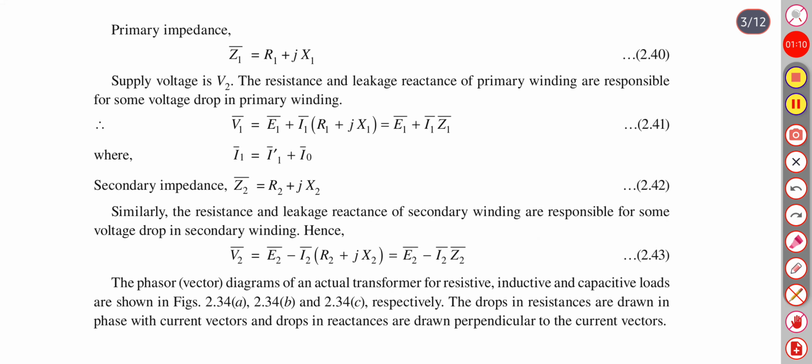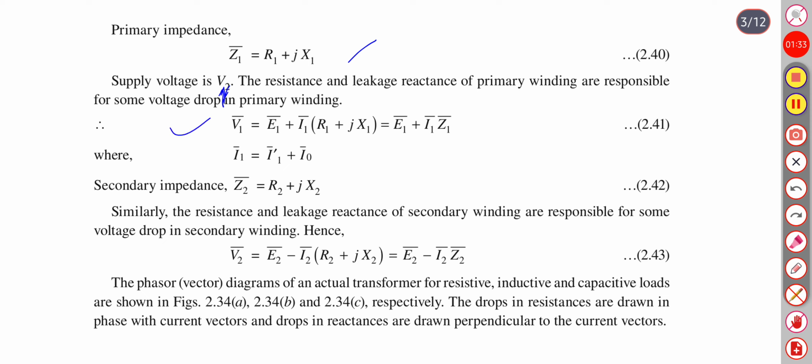So the primary impedance will be Z1 equals R1 plus jX1. Supply voltage is V1, not V2. The resistance and leakage reactance of primary winding are responsible for some voltage drop in primary winding.